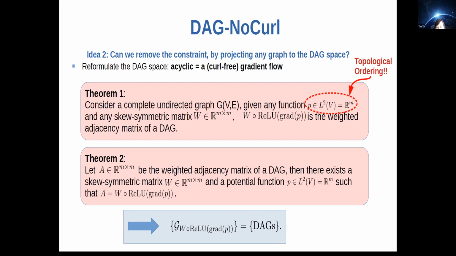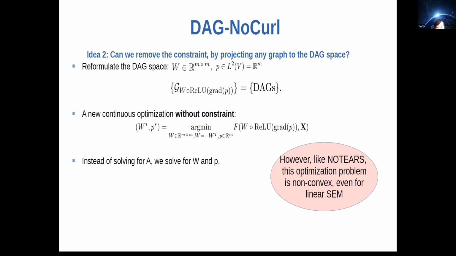We can also show that given any DAG, we can find an associated skew-symmetric matrix and potential function P, such that this DAG, this adjacency matrix, can be written in such a formulation. So these two spaces are actually equivalent. Thanks to this property, instead of solving for the adjacency matrix in the constrained optimization problem, we can solve for W and P instead.